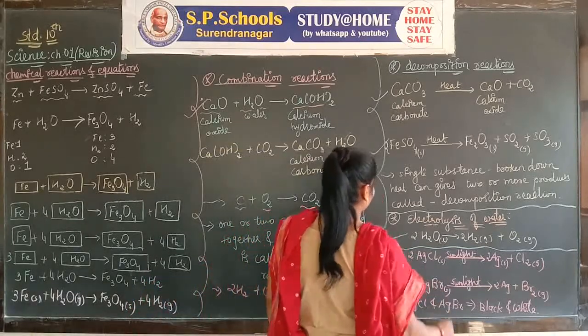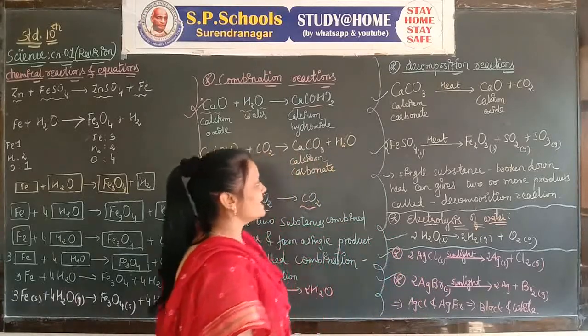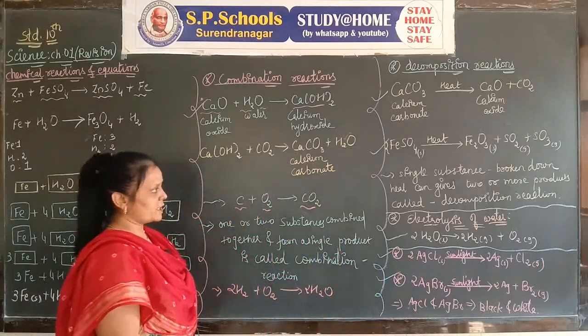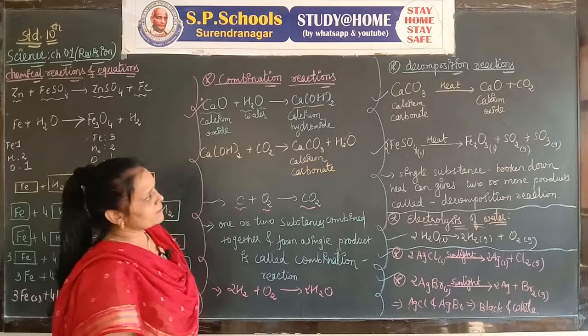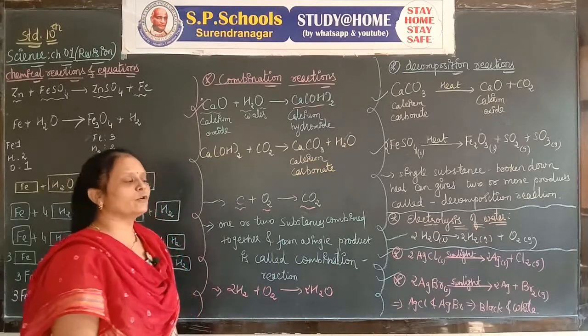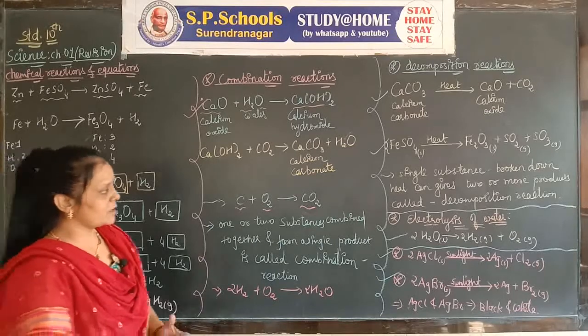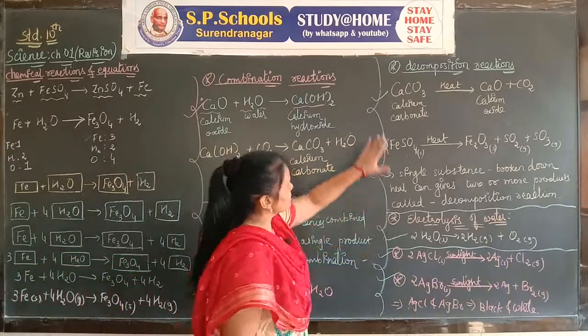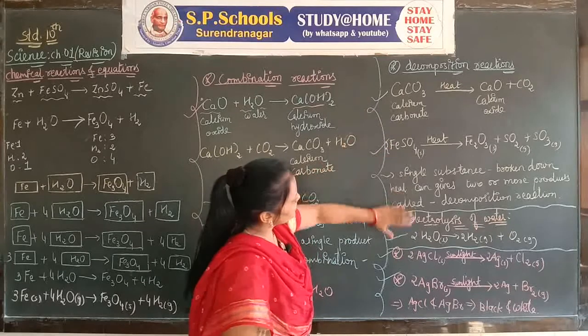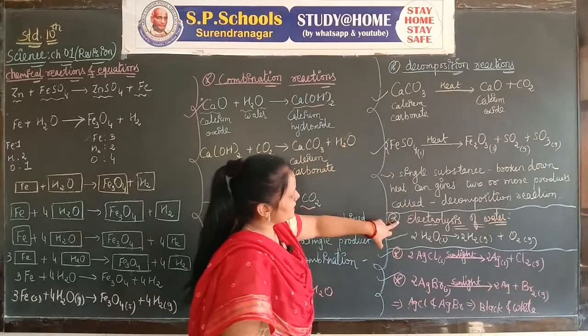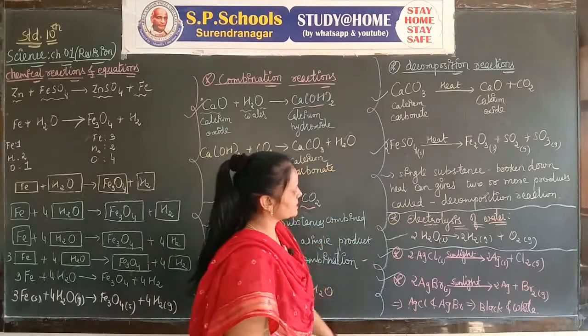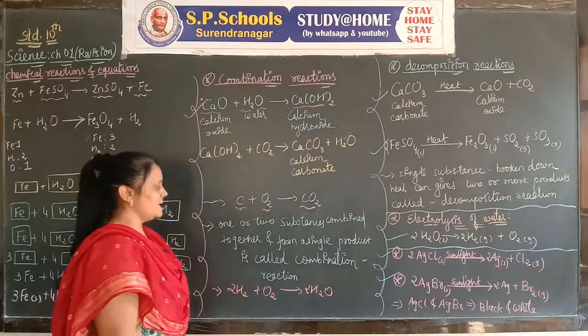These are all the examples for decomposition reaction. If the question is asked for 5 marks, you have to write briefly about the electrolysis. First write decomposition reactions, in short electrolysis, and give the reactions for AgCl and AgBr.